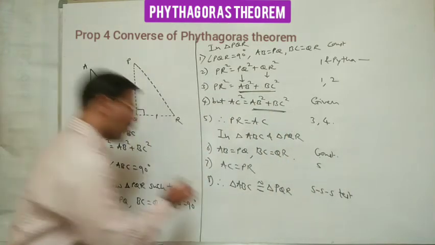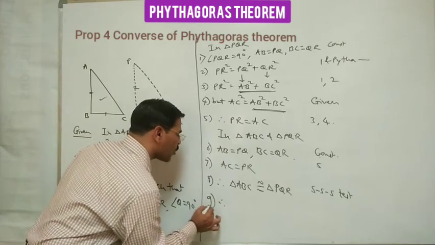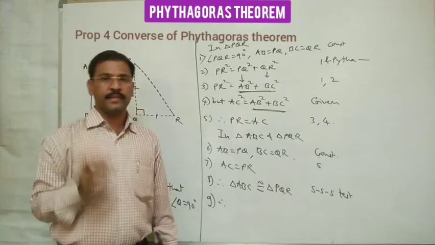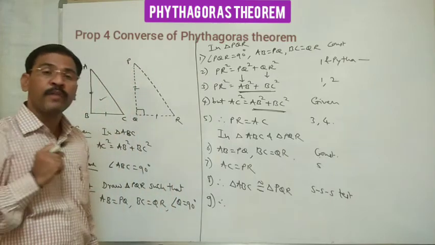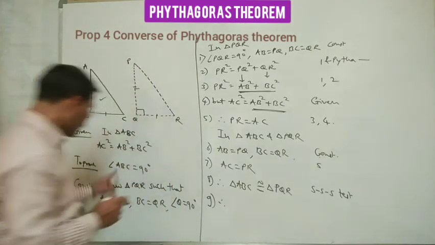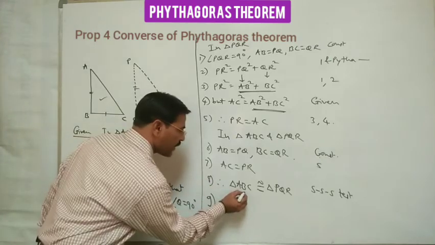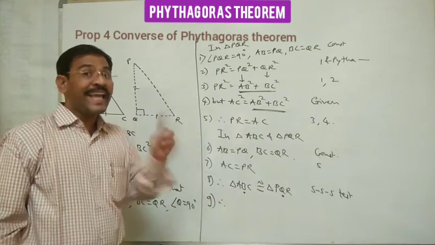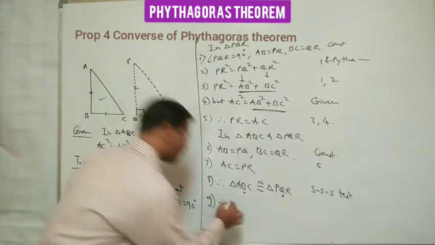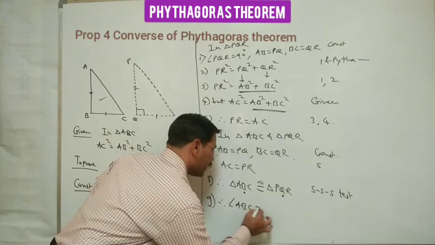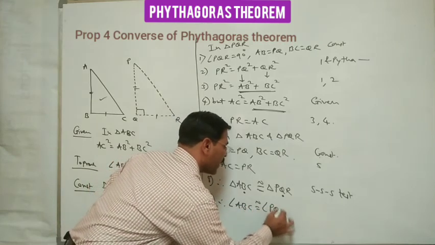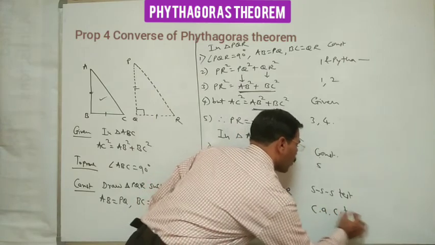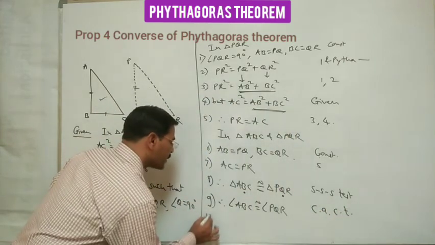Once the two triangles are congruent, their remaining conditions are automatically satisfied. Which remaining condition do we have to take? See what we have to prove: B is 90. So I take angle B and angle Q. Both are congruent. Why? By CPCT. So angle ABC is congruent to angle PQR. This is by corresponding angles of congruent triangles.